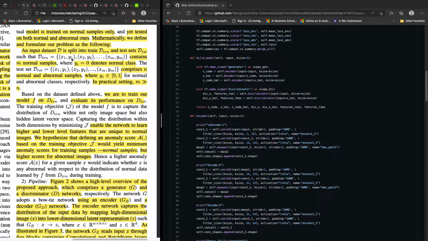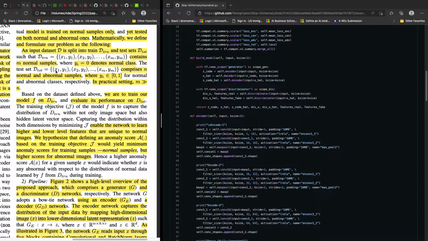And y is equal to 0 in all the instances of the D_trn to denote the normal class. So all the instances in D_trn are actually coming from the normal samples.